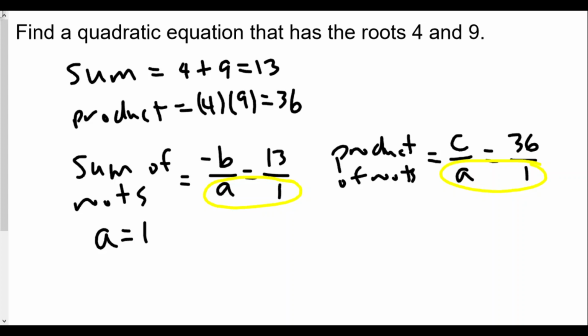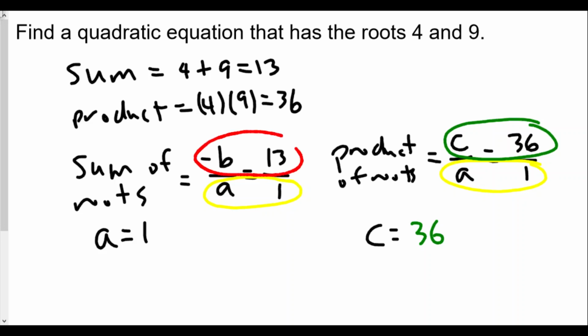Now, let's go with c. C is a little easier because we can associate with that. We see in this case that c is equal to 36. Okay? Now, it's this part here, and we see that negative b is equal to 13. Well, if negative b equals 13, that must mean that positive b equals negative 13.